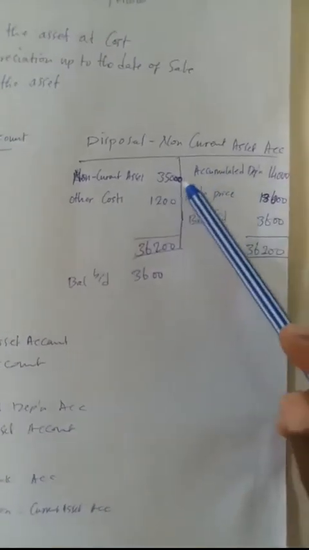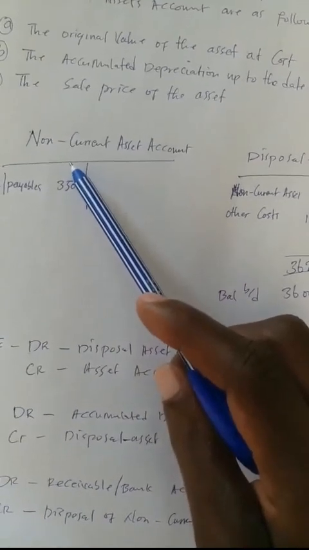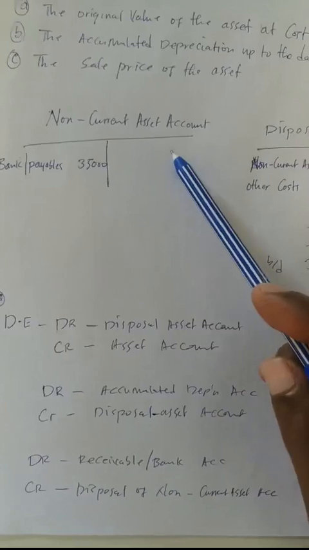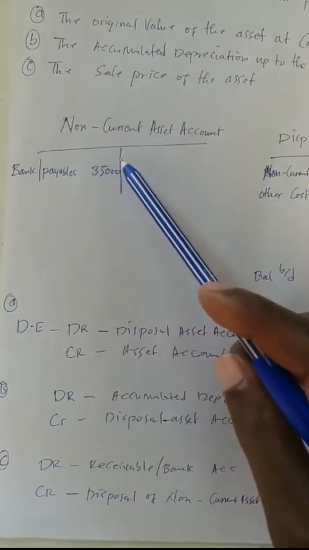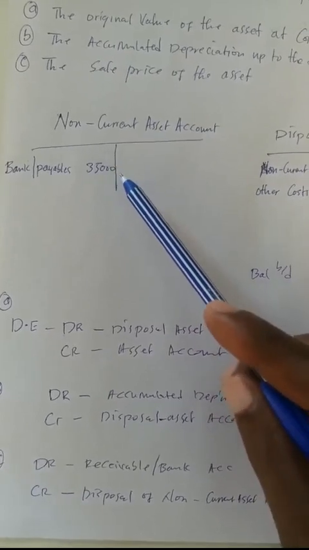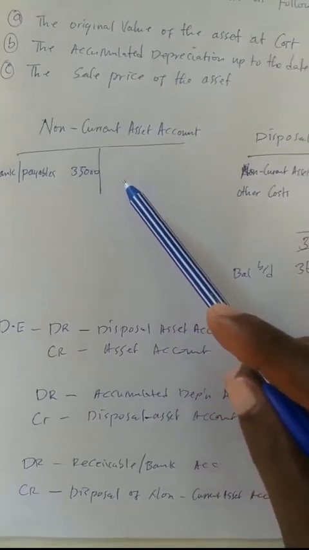Then the disposal of non-current asset account will look like this. Basically, the disposal of non-current asset account and the non-current asset account are the same and of the same behavior. This is a double entry, the 35,000 kwacha, the amount the machine was acquired for. You debit the non-current asset account.